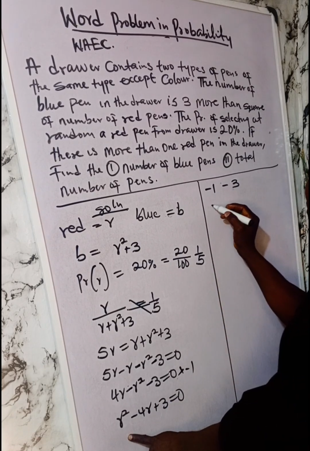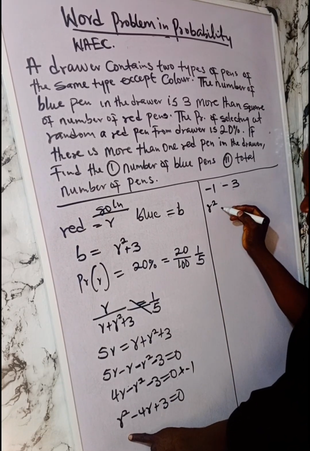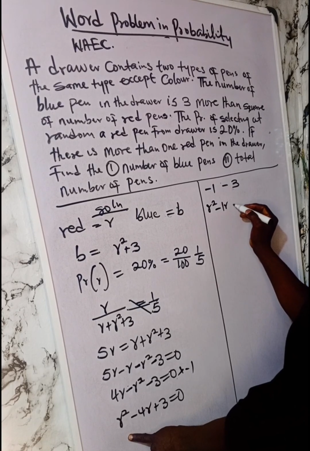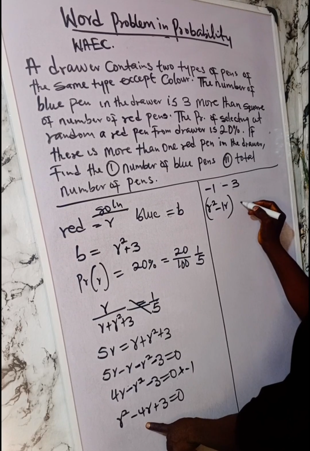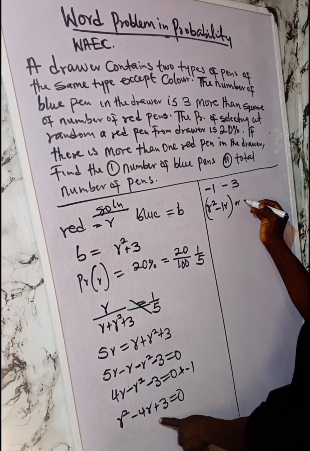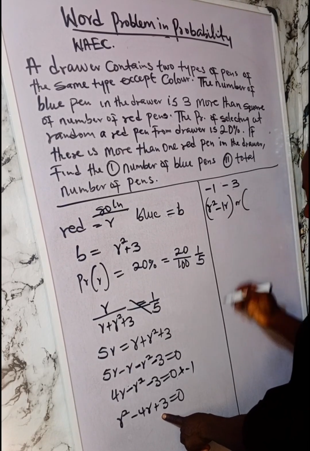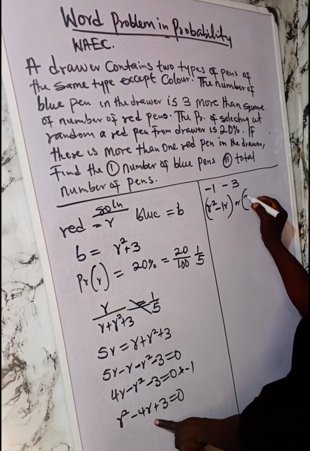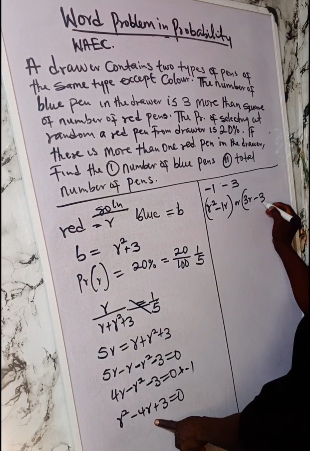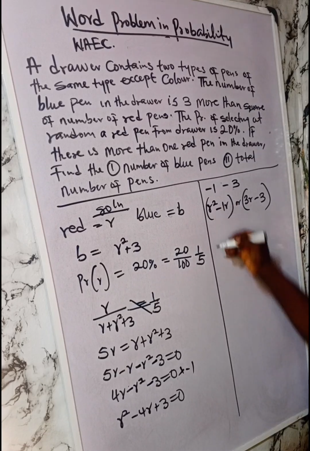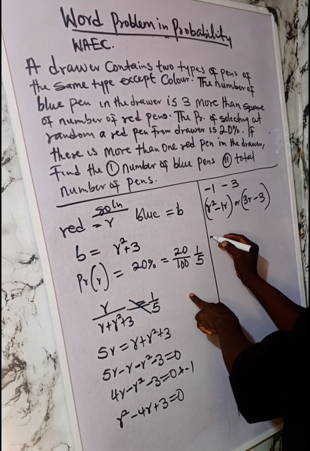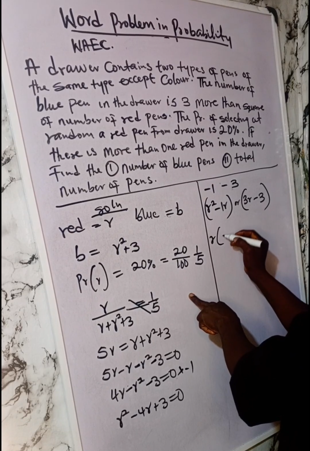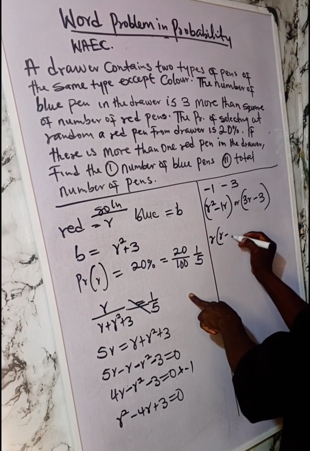So the equation now will be like this: R squared minus 1R minus 3R plus 3. We now group it and factor. R is common to both, so it's R into R minus 1.